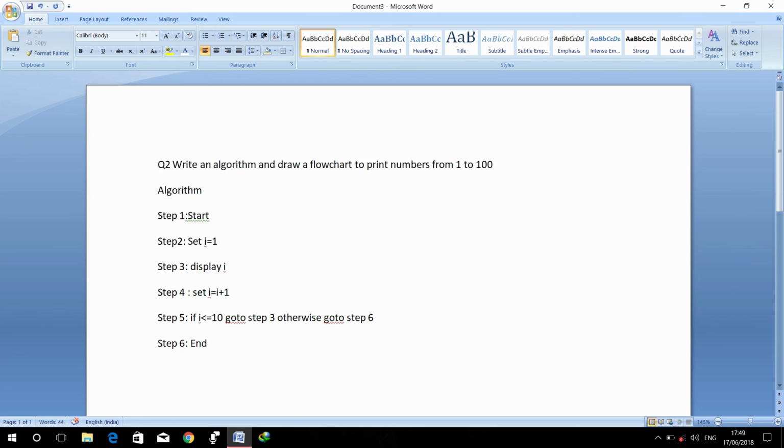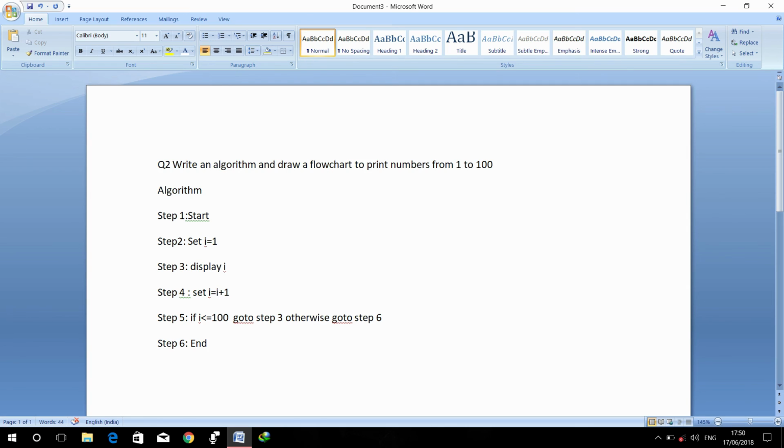Now I is increased by 1, so I equal to I plus 1, that is I equal to 2. Now it goes to step number 5 and it makes a decision: if I is less than or equal to 100. So when I is 1 plus 1, that is 2, 2 is less than 100 obviously, so it goes again to step number 3, that is, it displays 2, then it increases I by 1, that is I equal to 3.